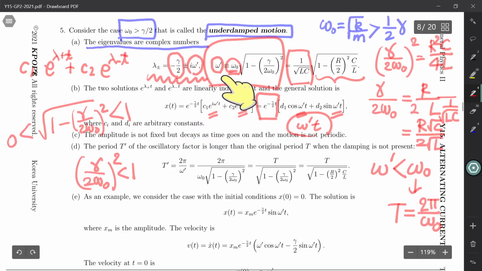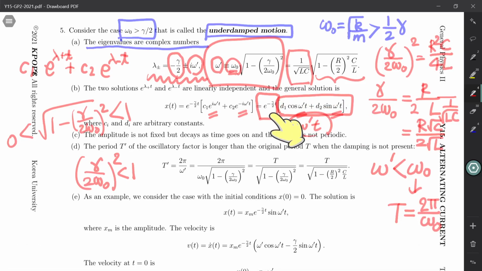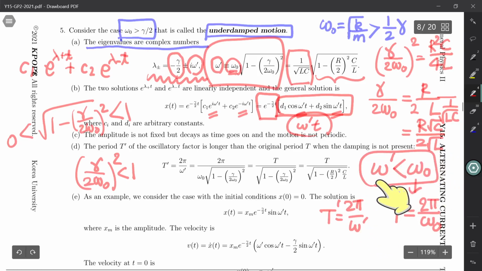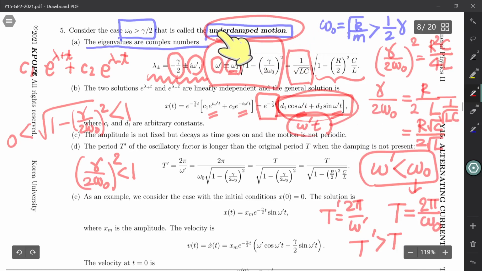This underdamped motion is not a periodic motion, but the oscillating factor that is factorized out is periodic with a period T prime, 2 pi over omega prime. Because of this, the period of this oscillating factor in the underdamped motion is longer than the original period for the simple harmonic oscillator.